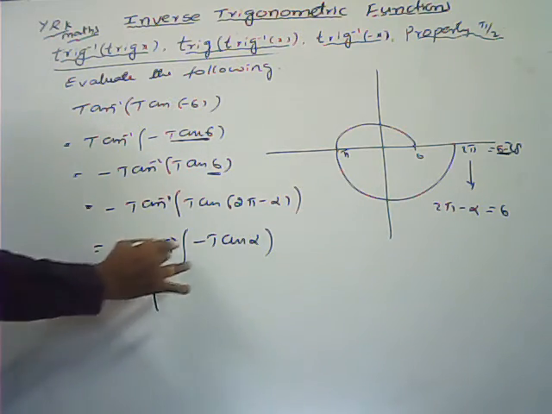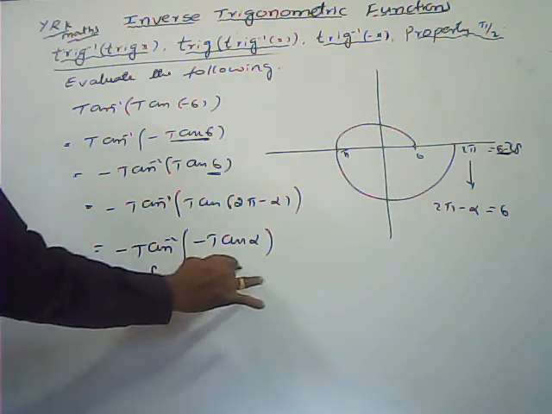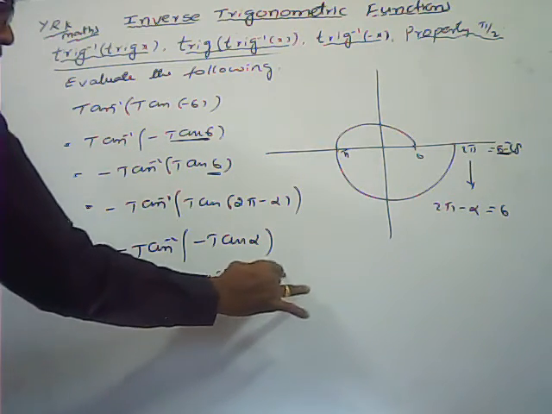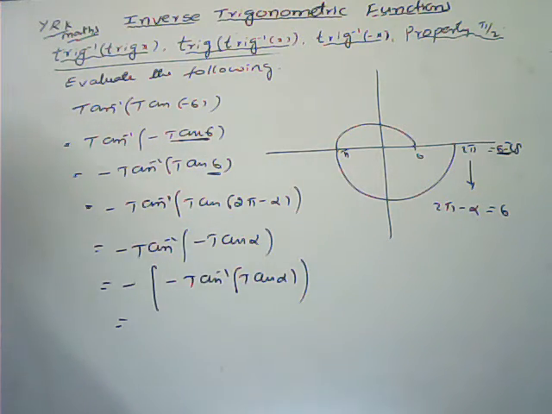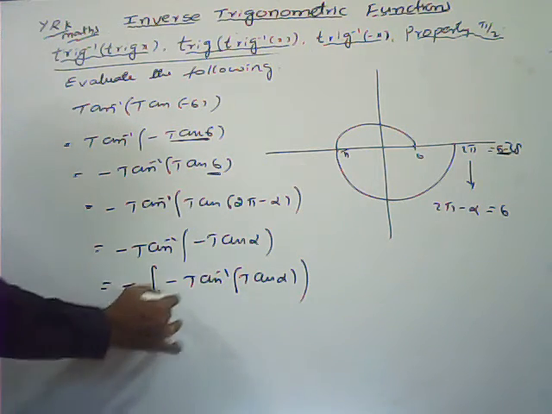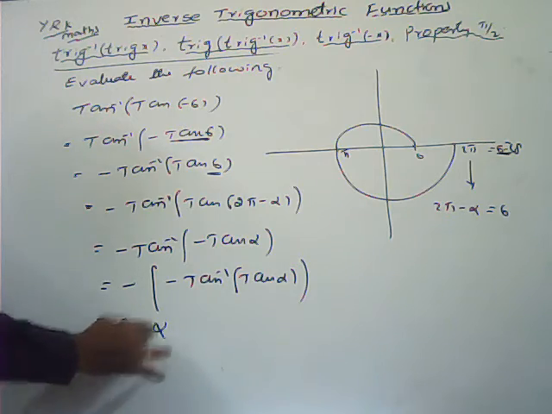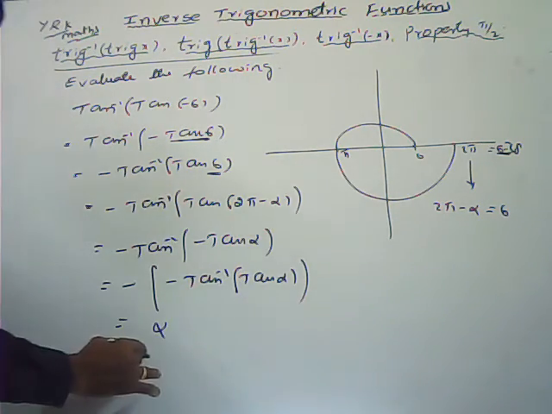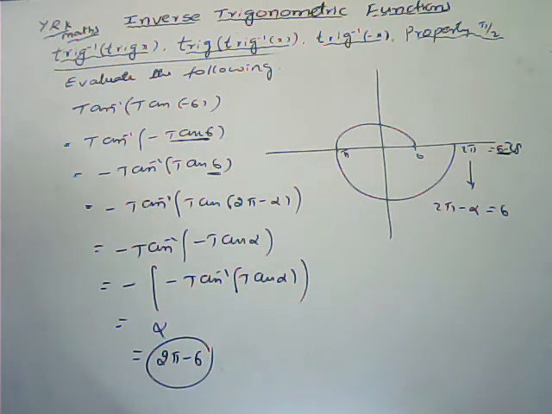Minus tan inverse of minus x, we can write minus tan inverse x tan alpha. Here alpha is the acute angle between 0 to pi by 2, so that one belongs to minus pi by 2 to pi by 2 also. Here minus into minus is plus, so we can write tan inverse of tan alpha directly as alpha only. What is alpha here? 2 pi minus 6.